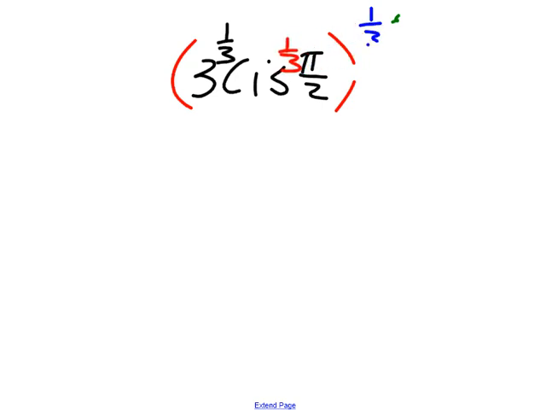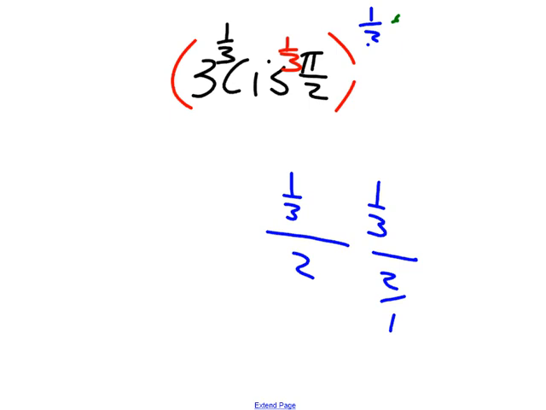And then this 1/3, this is kind of weird, but think about this. If I have a 1/3 and I multiply it by the top, do you get that that actually is going to be the same as putting the 3 on the bottom? Think of it this way, pi over 2 times 1/3. We always put it on the top there, pi over 2 divided by 3. Do you get that that's the same as pi over 2 divided by 3 over 1?